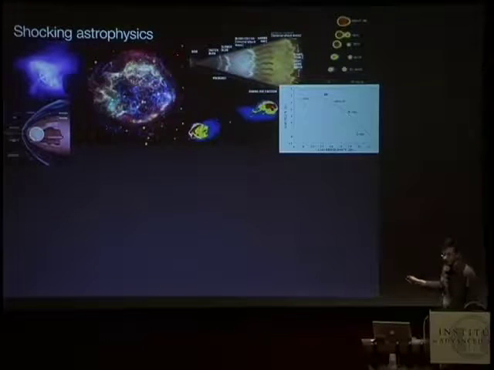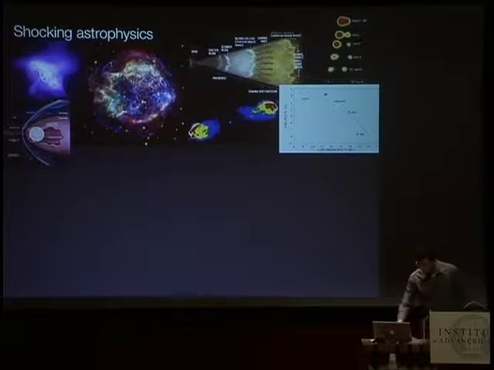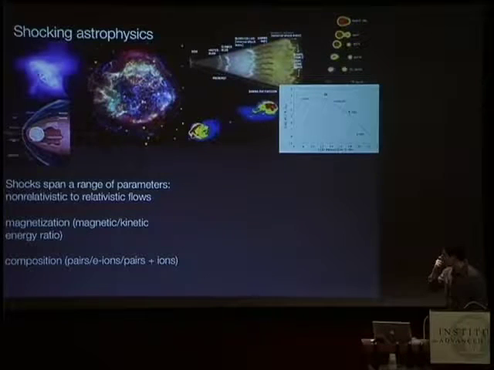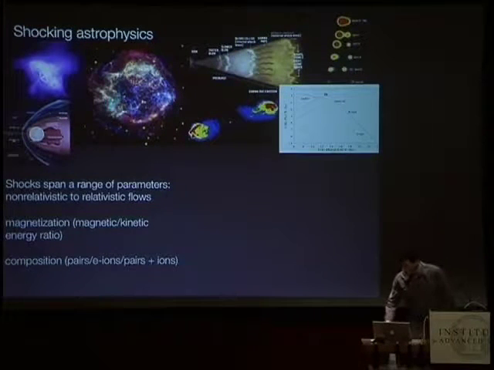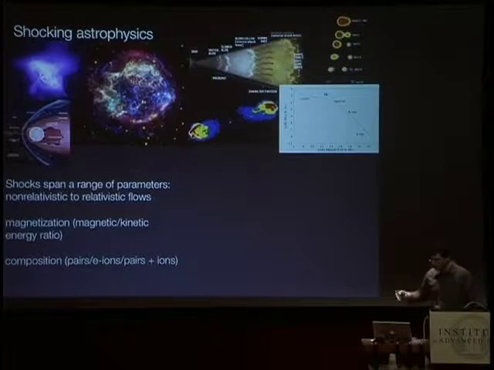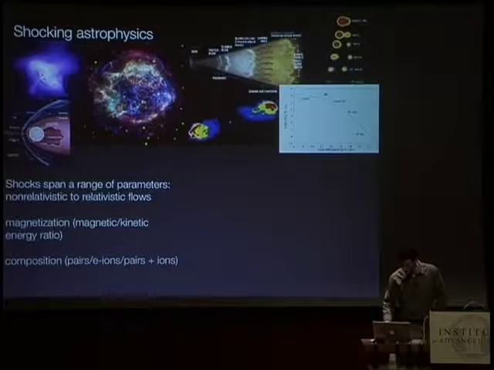We also find them in gamma ray bursts, in AGN jets, and they really span a large range of parameters going from non-relativistic to relativistic flows. They also span a large range of magnetizations, meaning the environments in which they propagate have different types of magnetic fields from small to large.